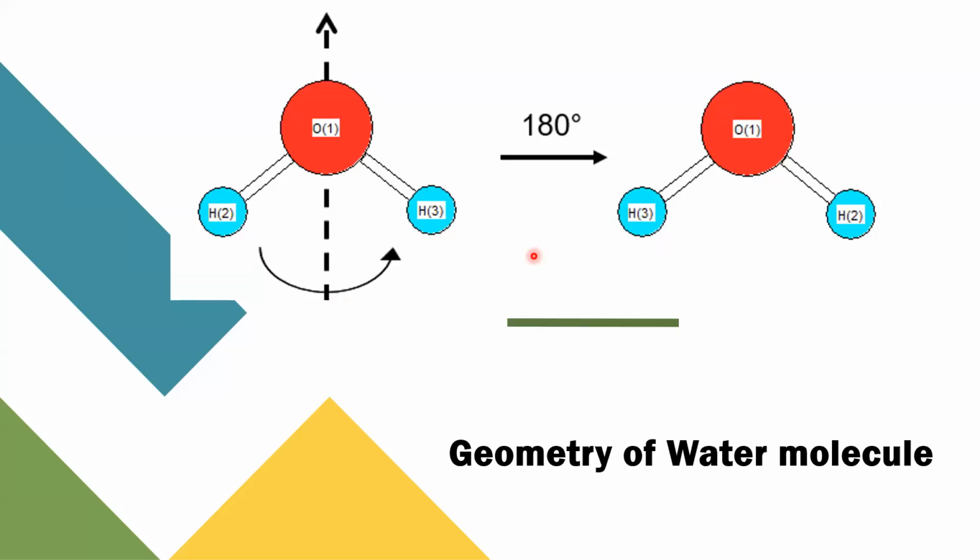It turns the other way around, and the hydrogen atom labeled 3, which is on my right side, will come to my left side. And the hydrogen atom labeled 2 will come to the right side. Now you see how the rotation is done.